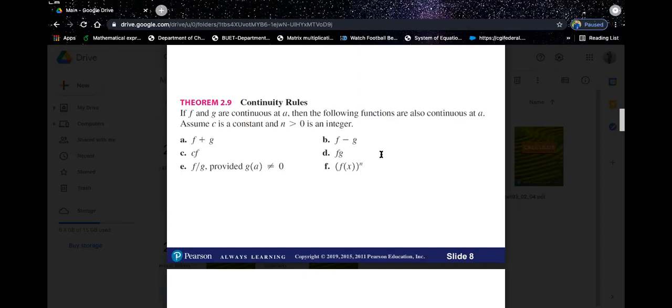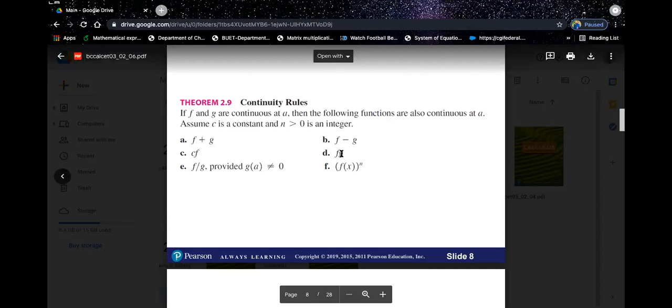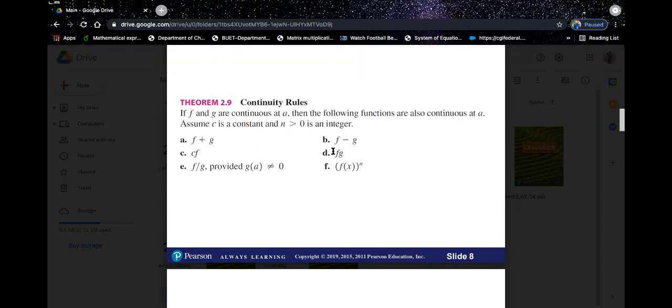This will only be possible if the functions are already continuous. And same happens for the product as well. If you have two continuous functions, their product will also be continuous at that point.